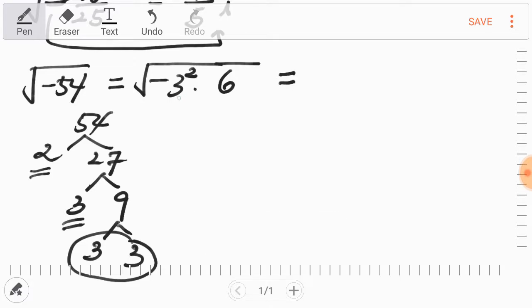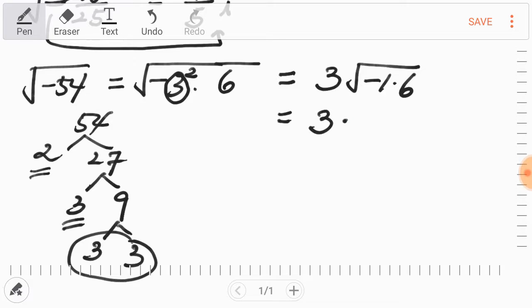Okay, and then this 3 squared, this 3 has power 2, and this power 2 cancels out the square root. So you can take this 3 out. And negative 1 times 6. Okay, so this is equal to 3 times, and 6 stays inside. And square root of negative 1, this becomes i.